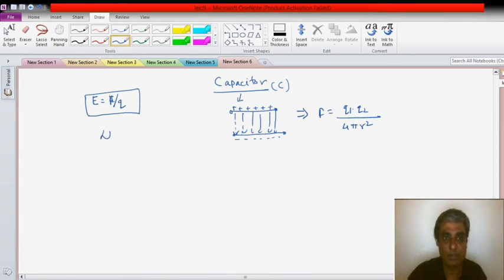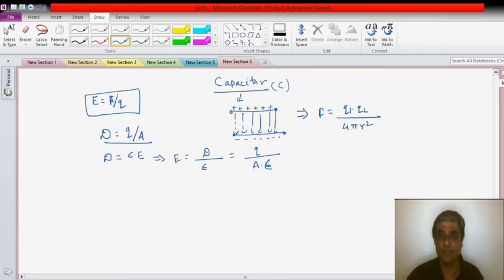The electrical flux density, or displacement, is the charge per unit area, and the relation with the electrical field is that D equals permittivity into E. So E is equal to D by epsilon, and D is Q divided by A. This is the field interpretation.